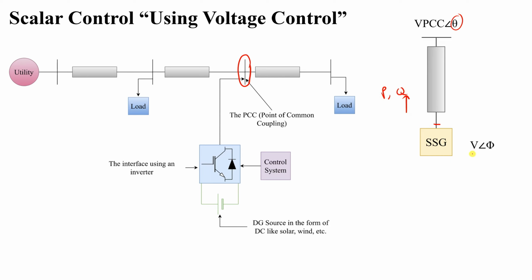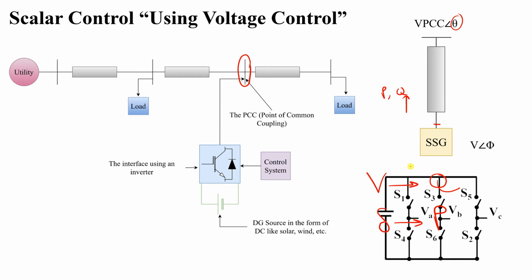We said in the previous lesson, when we discussed the synchronous generator, that by controlling the voltage, we can control Q, the reactive power, and by controlling delta, we can control active power. That is exactly what we are going to do for this system.